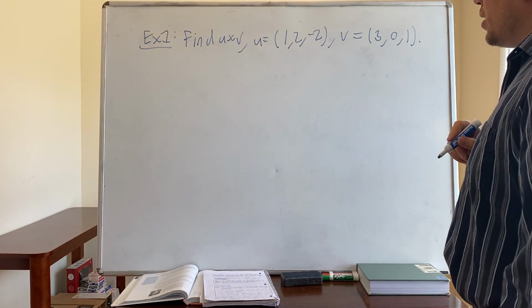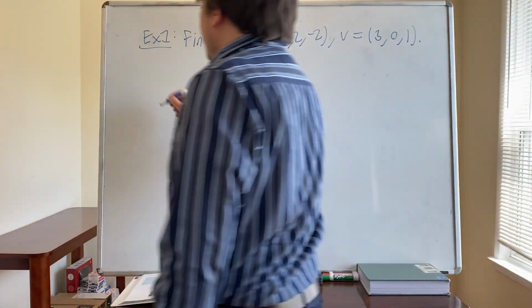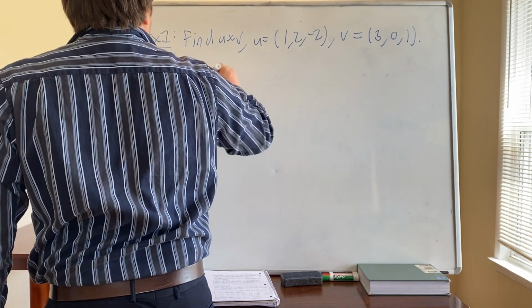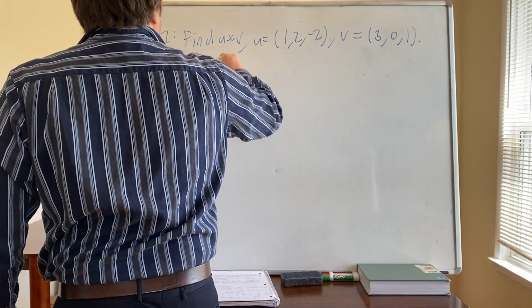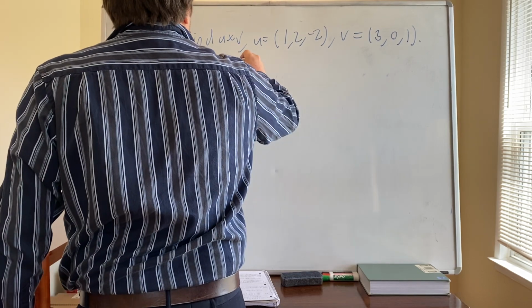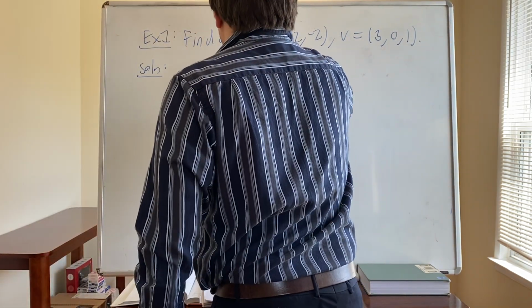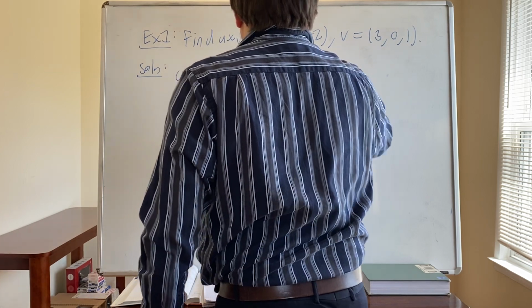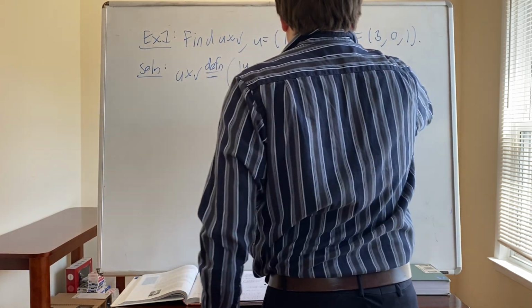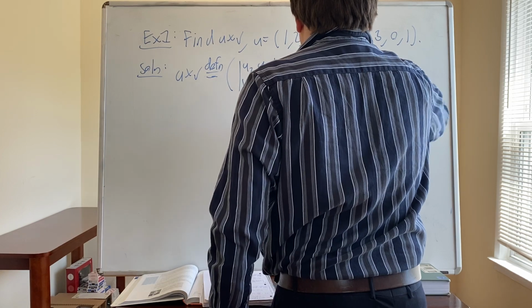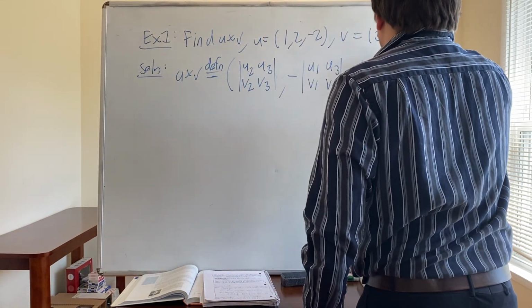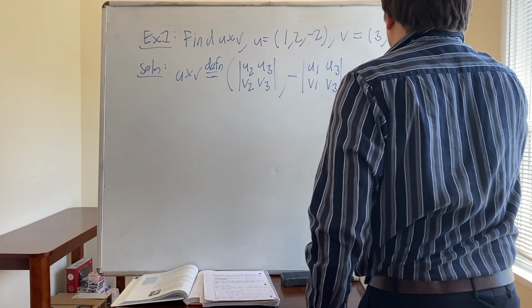Okay, so the solution: U cross V by definition is equal to the vector, the determinant of [u2, u3; v2, v3], comma, negative determinant of [u1, u3; v1, v3], comma, determinant of [u1, u2; v1, v2].